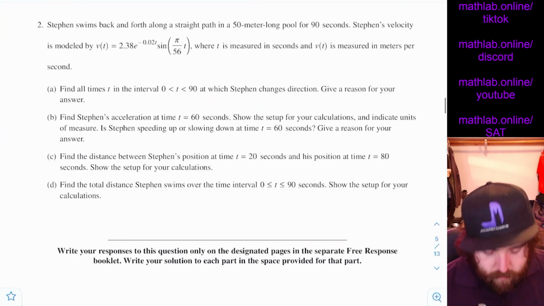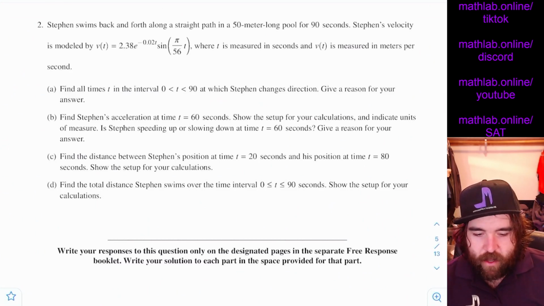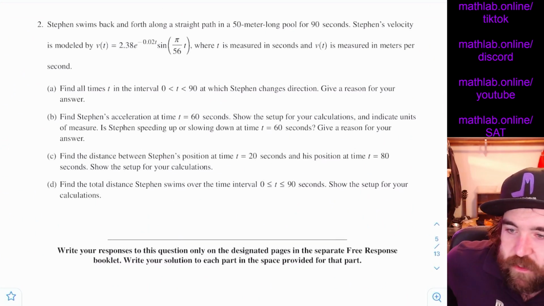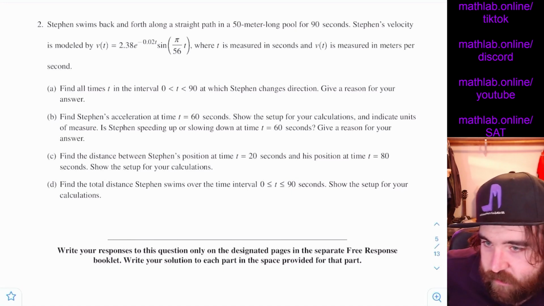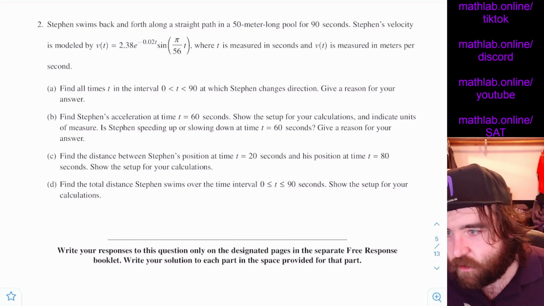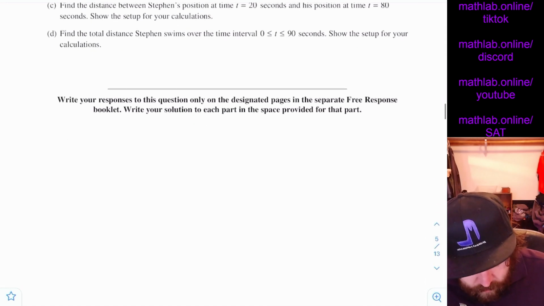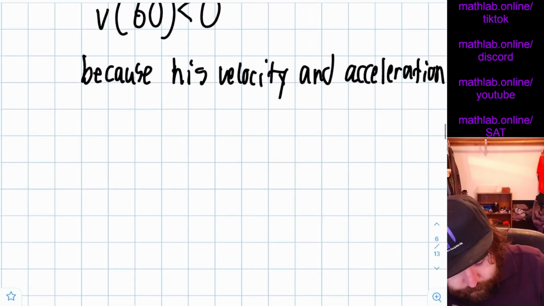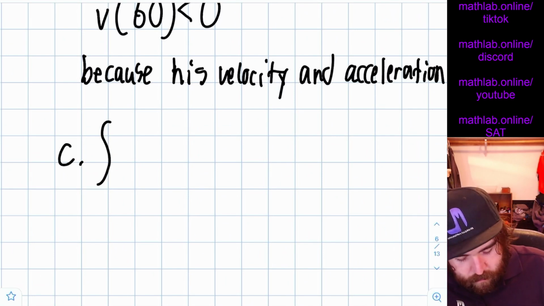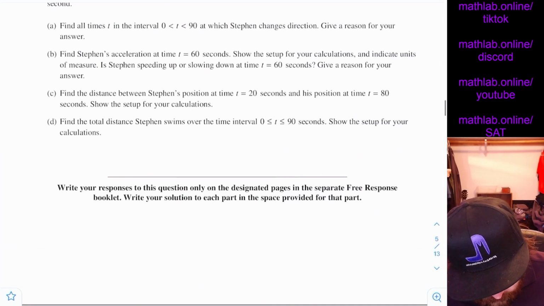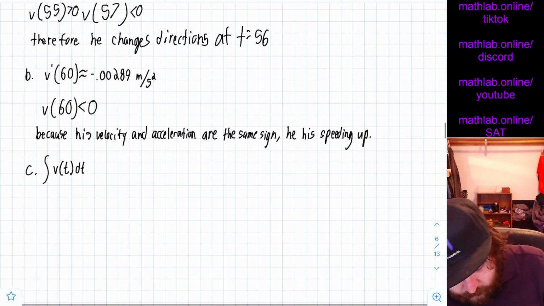Okay. Find the distance. How much time do we have? 3 minutes. Find the distance between Steven's position at time equals 20 seconds and his position at time equals 80 seconds. That's displacement, so we don't have to do any absolute value. So C is just the integral of v of t dt from 20 to 80.